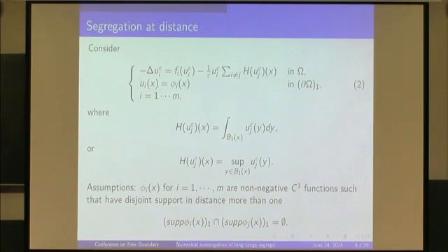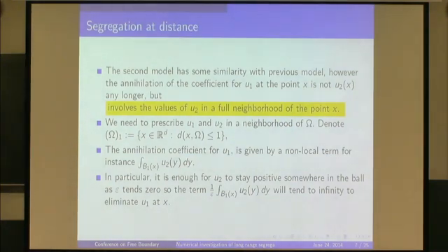And as I told you, the boundary data phi i are non-negative, and they have the property that their supports have a distance more than 1 from each other. So this is the definition of 1: for any set, I'm looking at the thickness around it at distance 1.